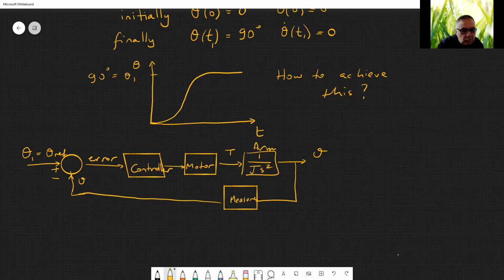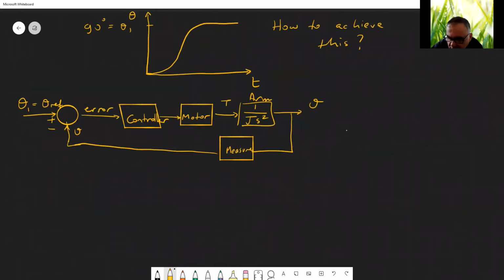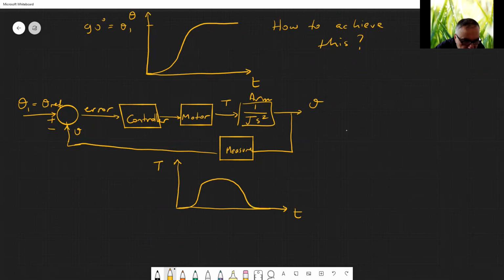And the torque you are going to apply is going to be something like this over time, if you can eventually find it. This is the time, this is the torque. It will start from here, it will be something like this, but then it will eventually be 0, okay?